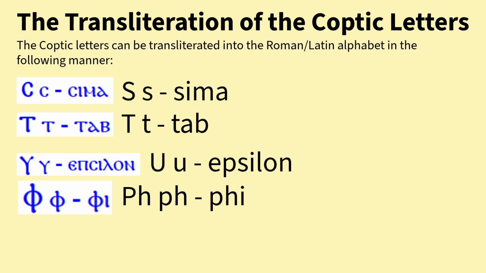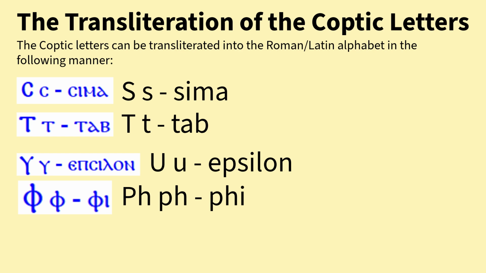We then have the letter B, which can also be pronounced in the Greco-Boharic or more modern pronunciation as Fi, like an F sound, as in the English word father. So we transliterate this letter as PH, which of course is more similar to how we transliterate the Greek version of the letter, which gets pronounced as an F, Fi.